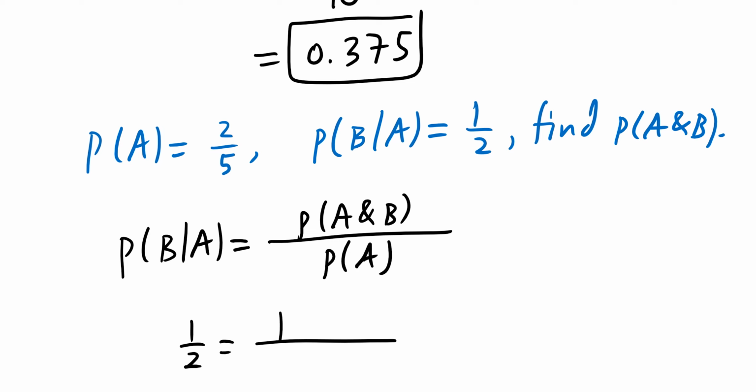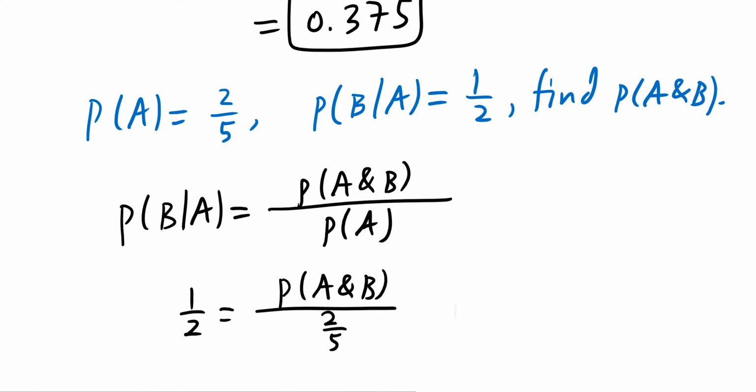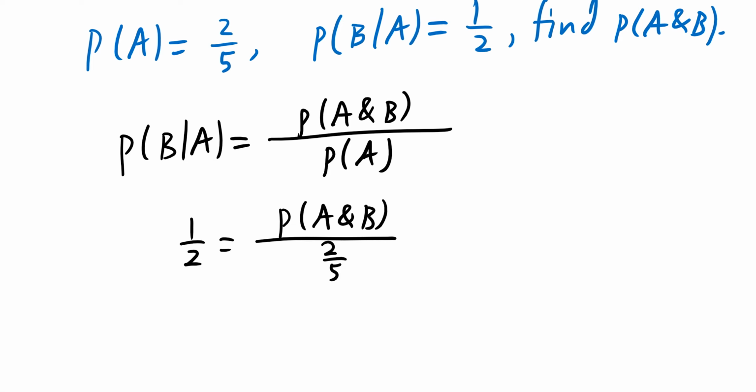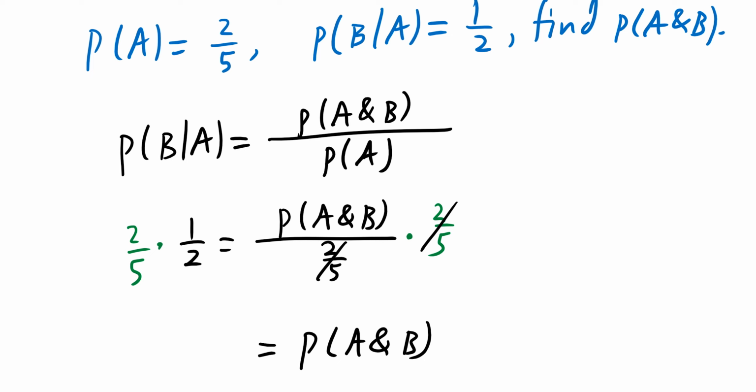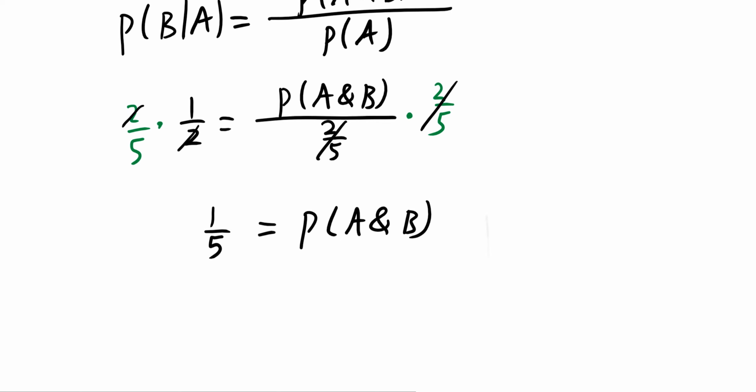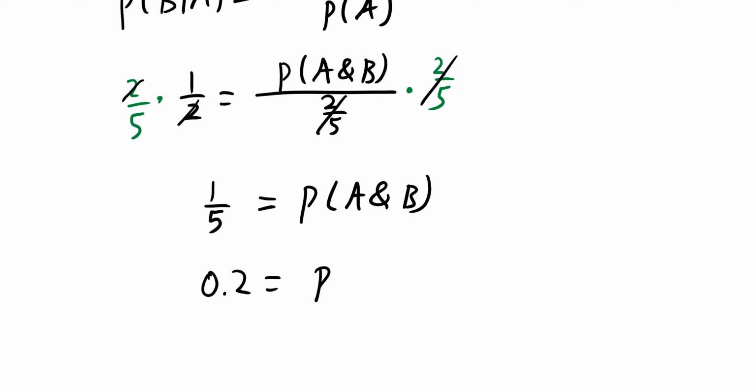The probability of A and B, we're looking for that. The probability of A is 2/5. And now, how do we solve this one? You can multiply both sides by 2/5. By doing so, this cancels out. So that gives me the probability of A and B equals, if you like, you can cancel these together and you get 1 divided by 5. You can keep it like that, or you can divide it out. 0.2 is the probability of A and B.